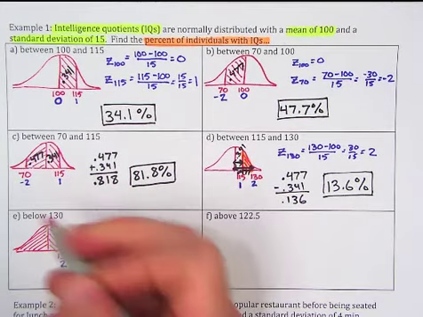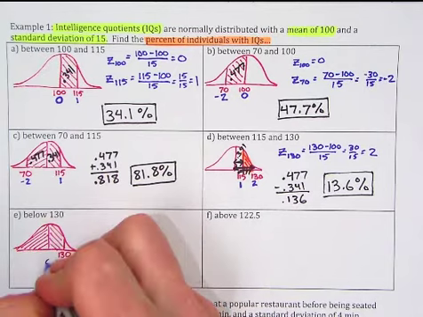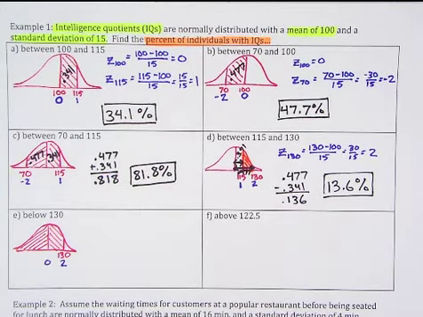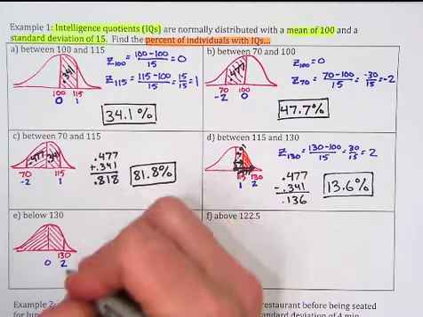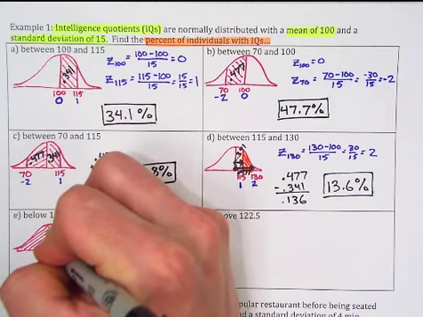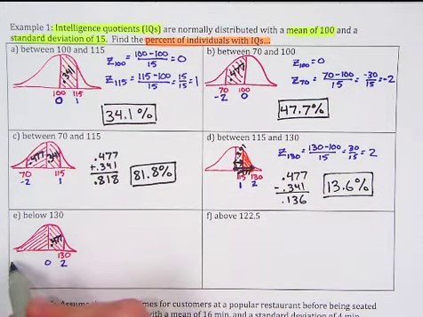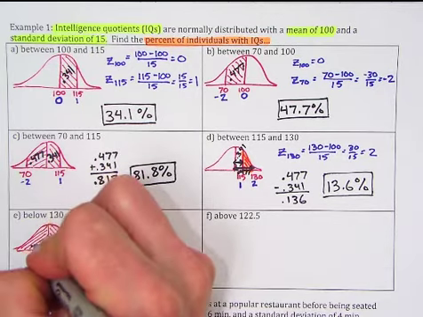So between the mean and the z-score, as well as to the left of the mean. Now looking at this, we already know a z-score of 2 gives us the 0.477. And everything to the left of the mean is half of the curve. So that's a 0.5.